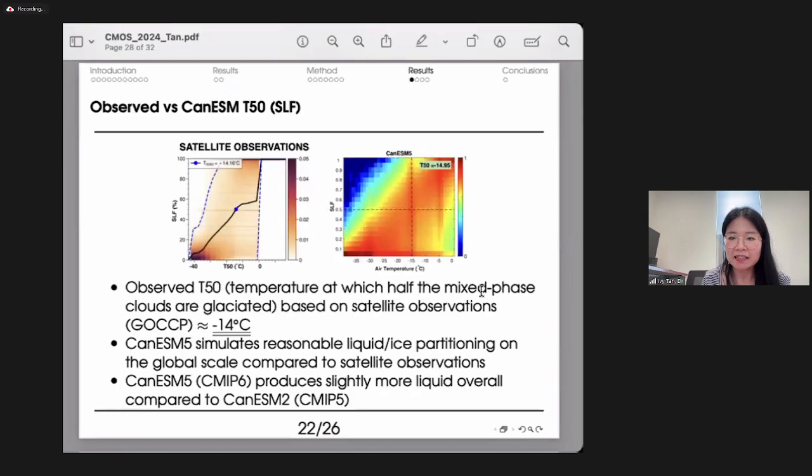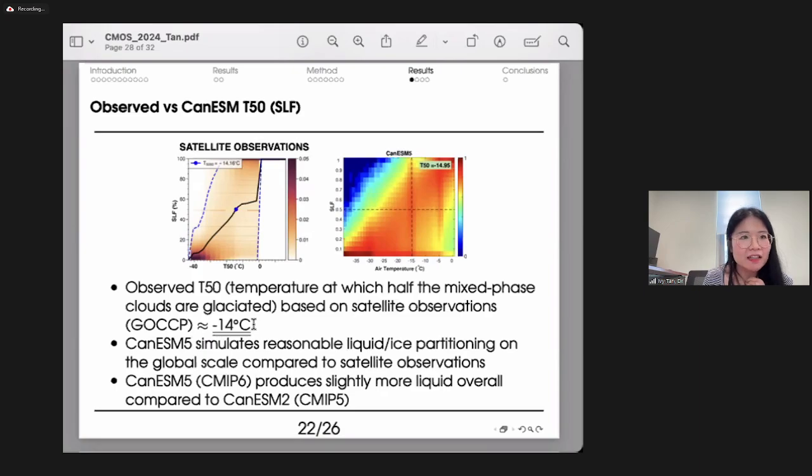T50 is basically the temperature at which half of the clouds are glaciated globally. Warmer T50 values mean lower SLFs, and colder T50 values mean higher SLFs. For the GOCCP observations, T50 is about minus 14 degrees Celsius.